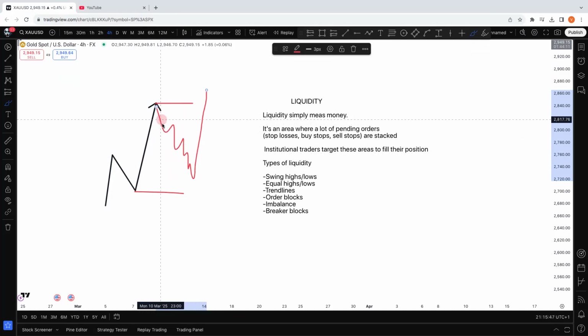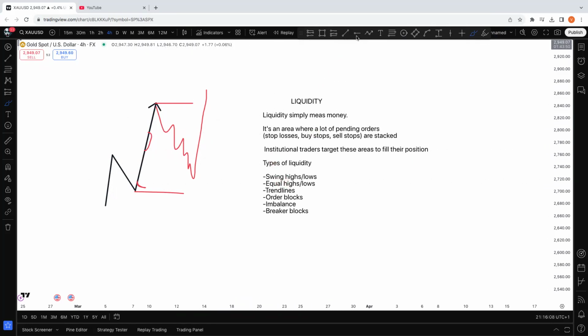Whenever price retraces within this external liquidity, you may have imbalances, an order block, and maybe a breaker block. These are what make up the swing liquidity.